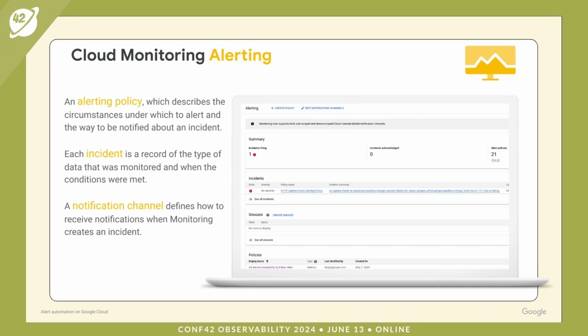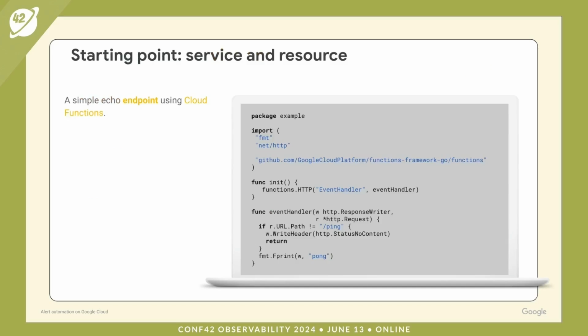Cloud Monitoring implements alerting policy using the three-component model, when, what, and how, that we reviewed in the previous slides. It also supports multiple notification mechanisms called notification channels, including sending emails, texting to a phone number, asynchronous messaging using the PubSub service, posting to a Slack channel, Google Chat, and integration with PagerDuty.